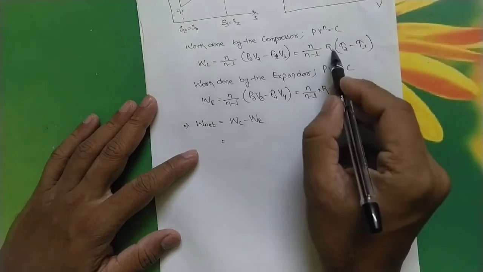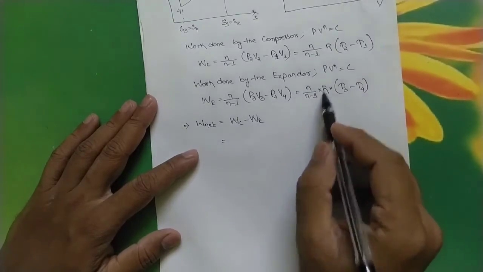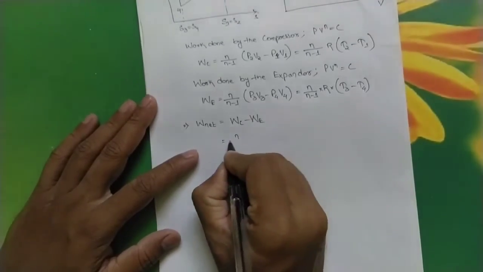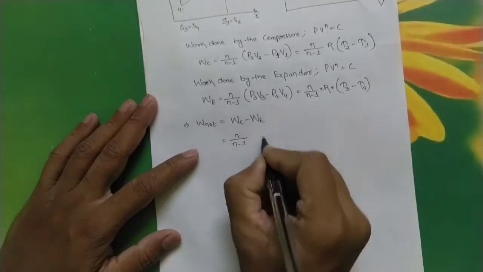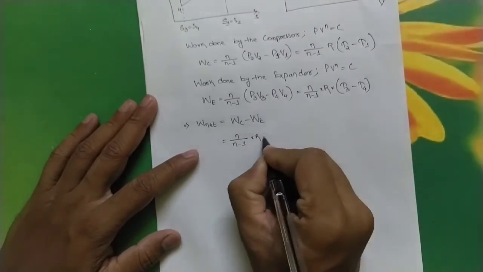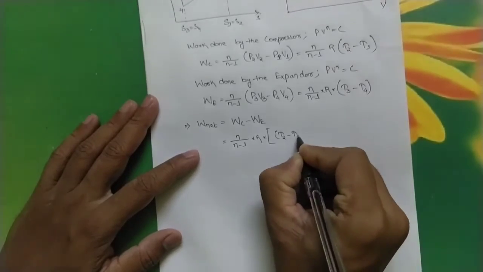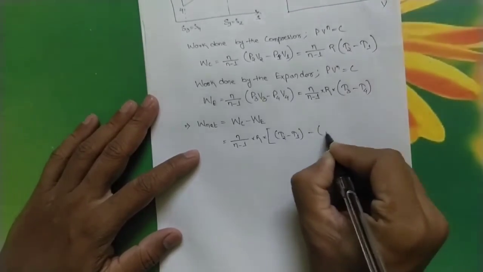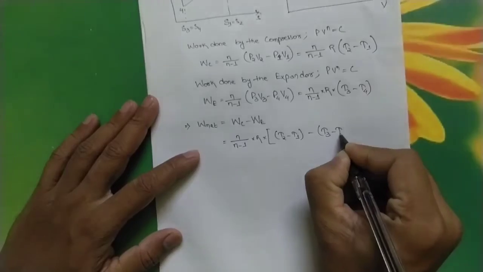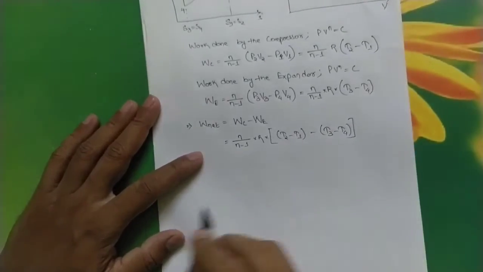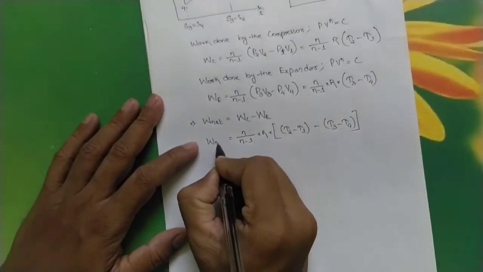Here n by n minus 1 R is common, so taking it outside the bracket, we get (T2 minus T1) minus (T3 minus T4). This is our net work done.